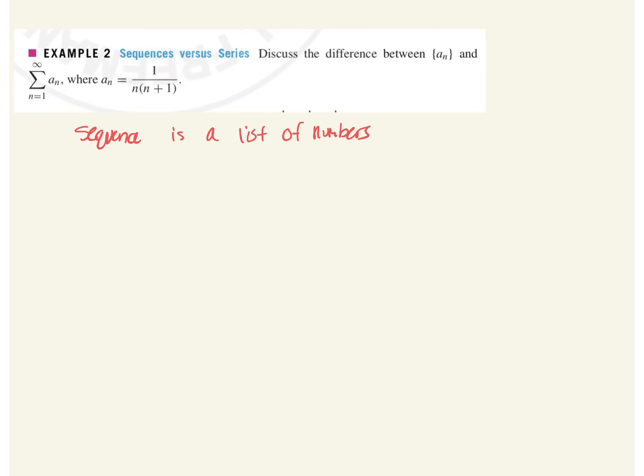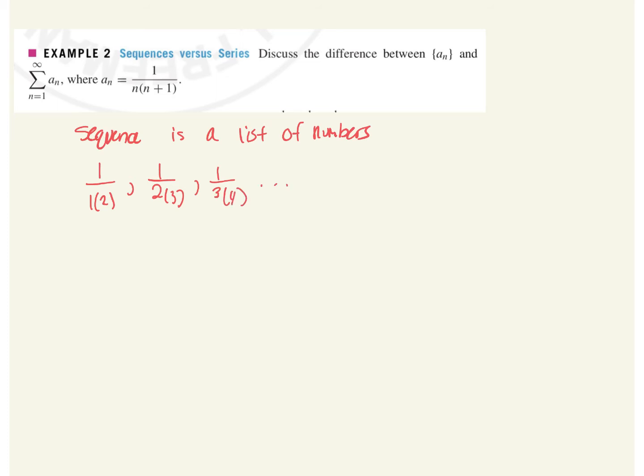Right? So if we were to investigate this, in this case, it would be 1 over 1 times 2, comma, 1 over 2 times 3, comma, 1 over 3 times 4, etc.